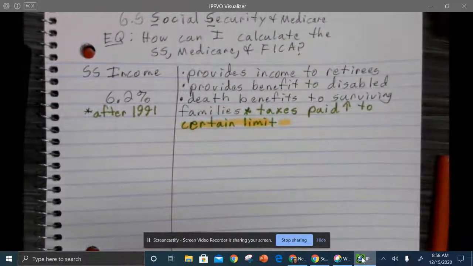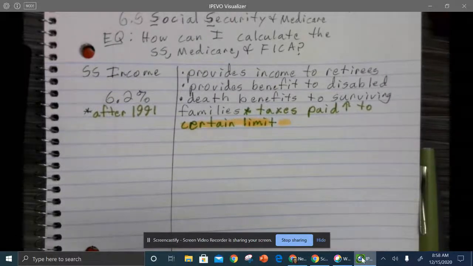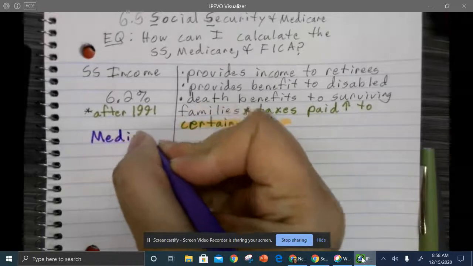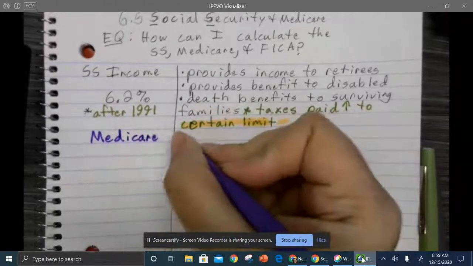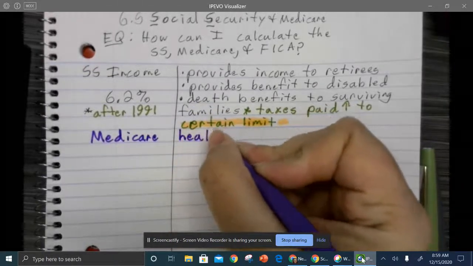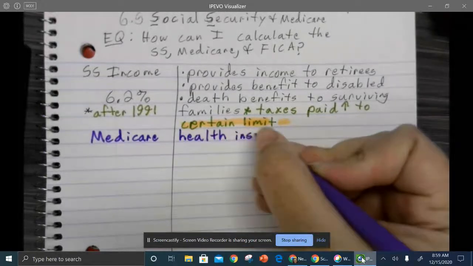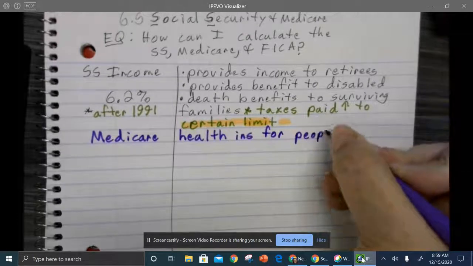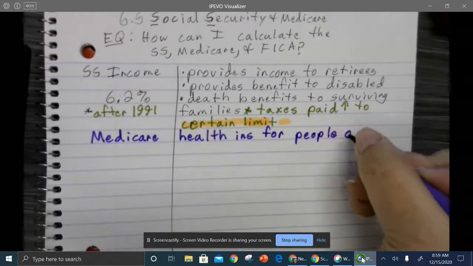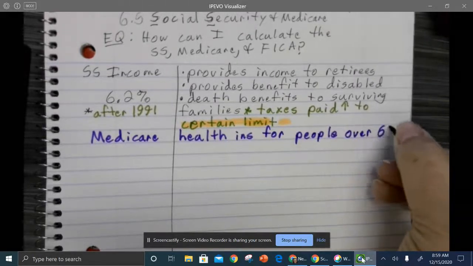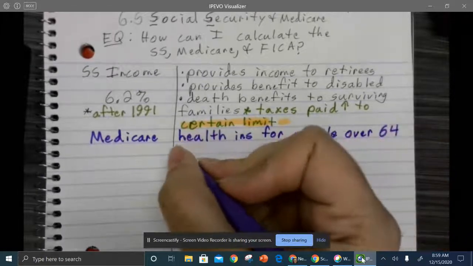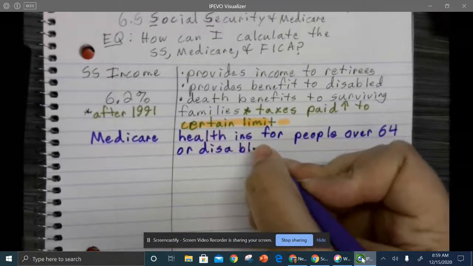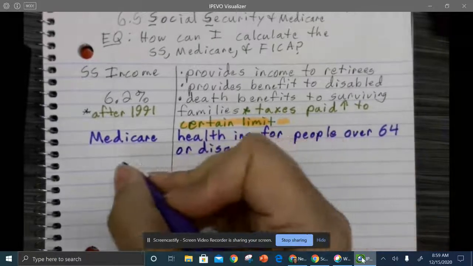Okay, and then we have Medicare. Okay, so Medicare provides health insurance for people over the age of 64, or if they're disabled and unable to work.